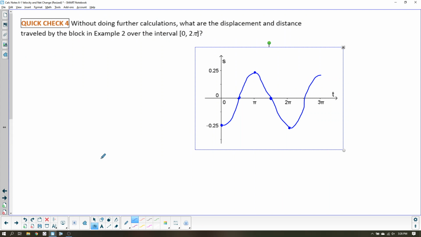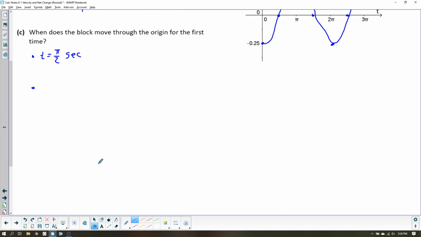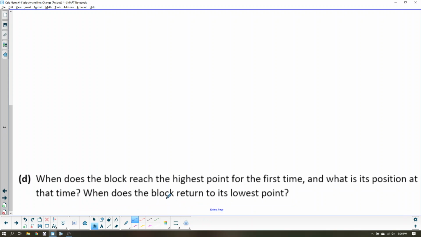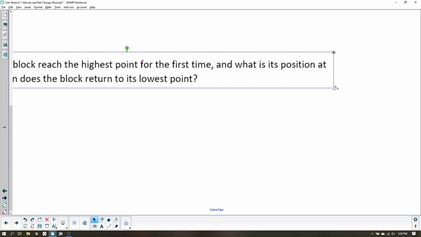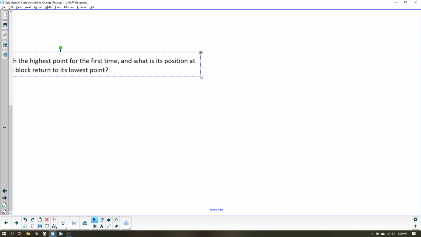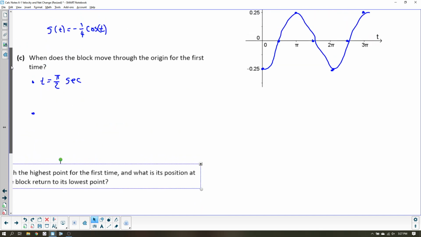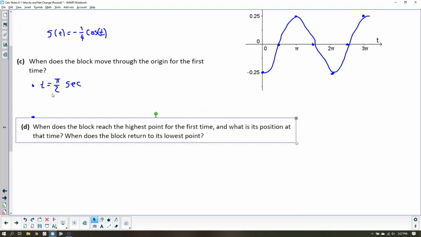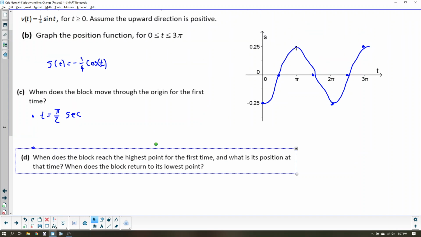Now, I did have a part D. Oh, there it is. I forgot to shrink it down. All right, the next one says, when does it reach the highest point for the first time? This is position again, so highest point does mean the highest y value.